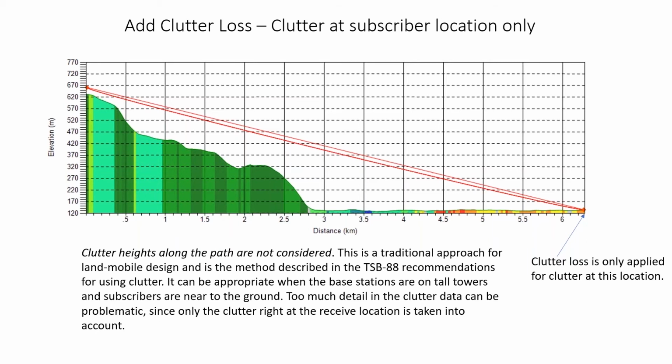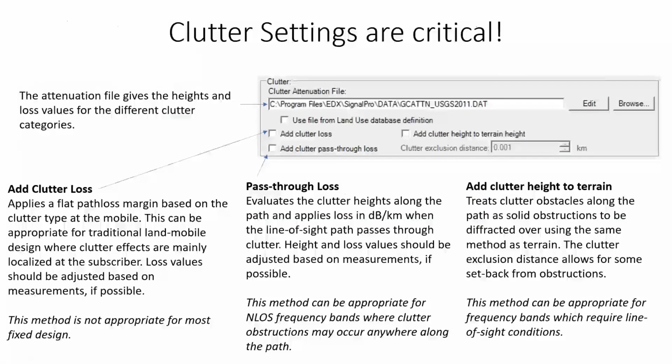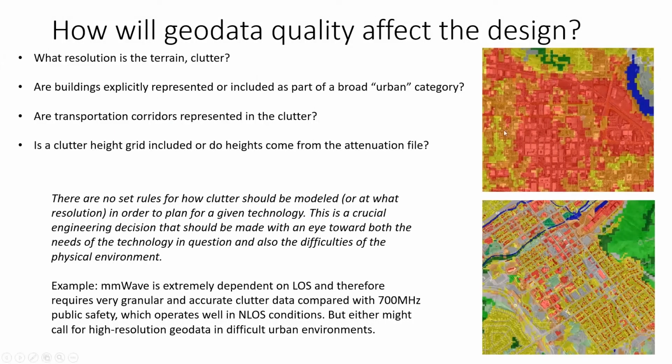The rationale behind this is the traditional way to do land mobile planning, where you have that lower resolution USGS type clutter data. In other words, this clutter data up here, where everything in the urban core is just called urban, it's appropriate to just look at where the subscriber is and say, okay, you're in urban, so I want to apply an extra 12 dB of loss to the entire path, because I don't really know how the building clutter is going to intersect with this exact path.